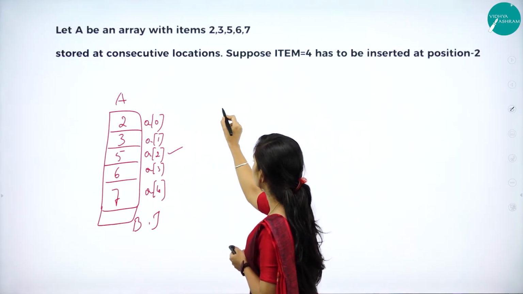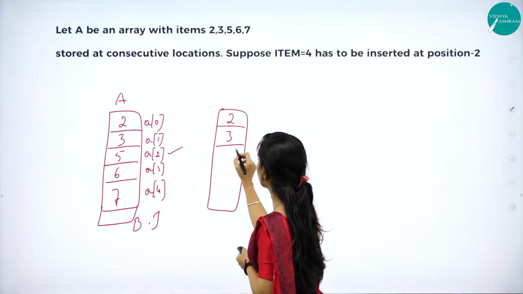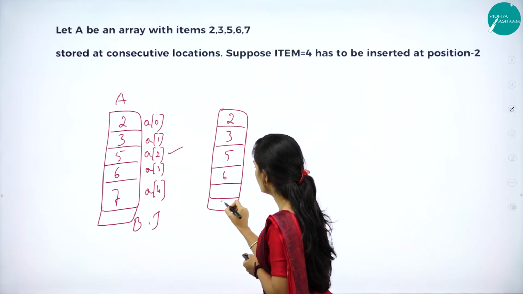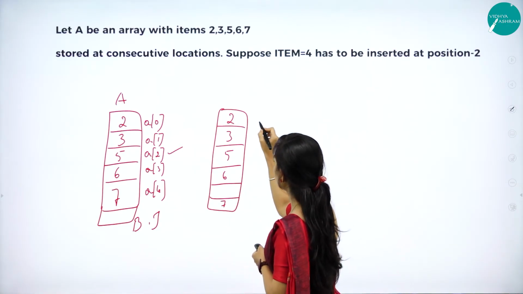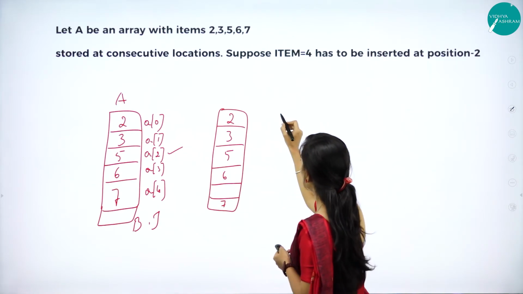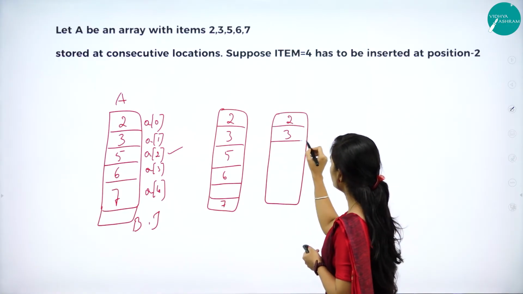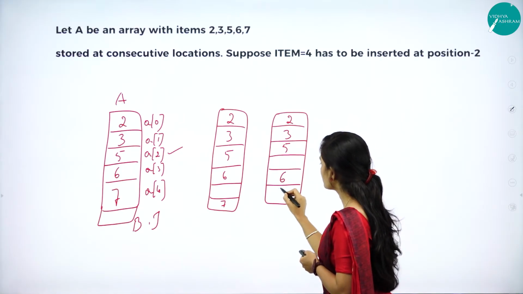After this, in every step we have to move back and give space. Now it is 2, 3, 5, 6 and one more space, and it is 7. In the next step, 2, 3, 5, 6 and 7.